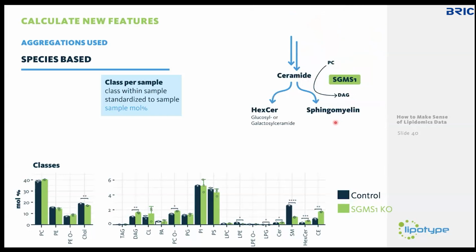And if you look now at the biology, what is happening, so the synthase of sphingomyelin is reduced, and we nicely see that sphingomyelin values in these cells were dramatically reduced.